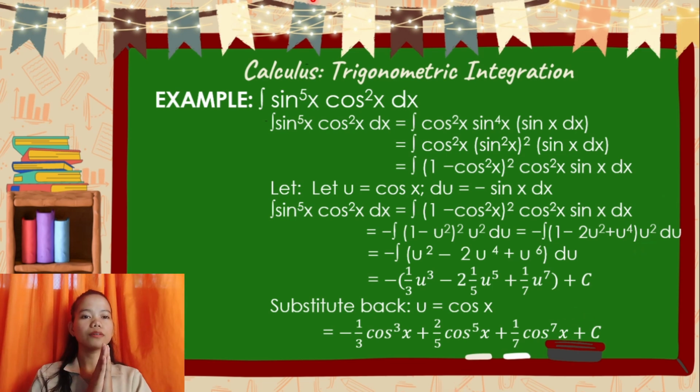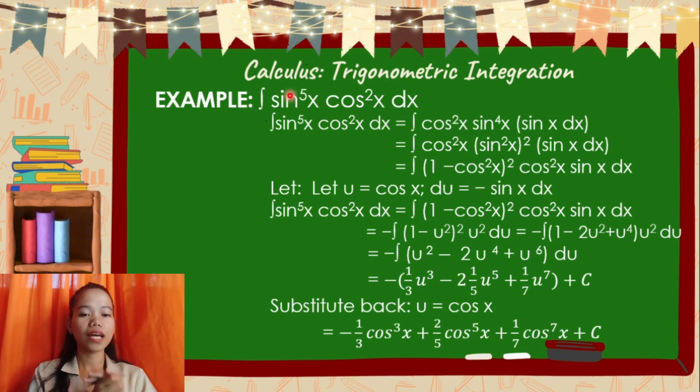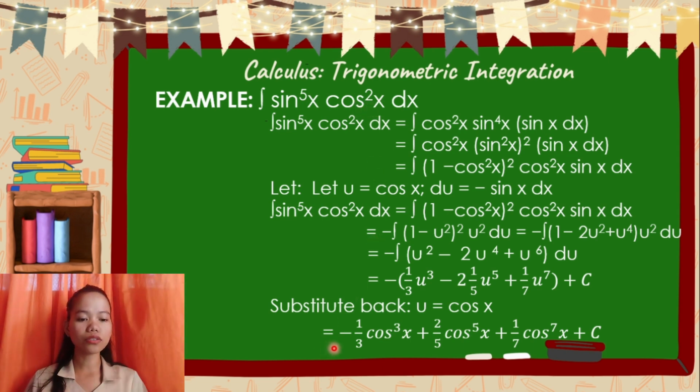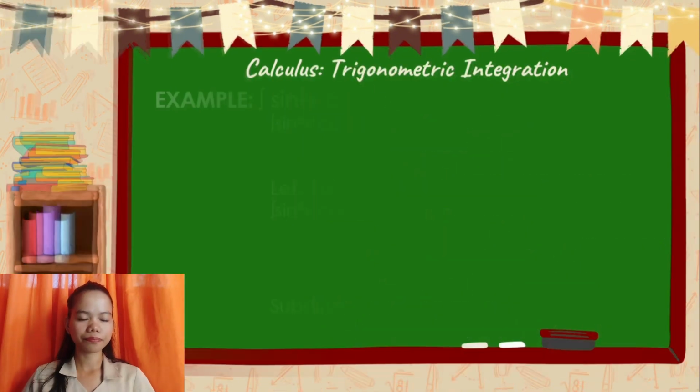Therefore, we already solved example number 2, in which the integral of sine raised to the power of 5 multiplied to cos squared of x dx is equal to negative 1/3 cos cubed of x plus 2/5 cosine raised to the power of 5 x plus 1/7 cosine raised to the power of 7 x plus c.